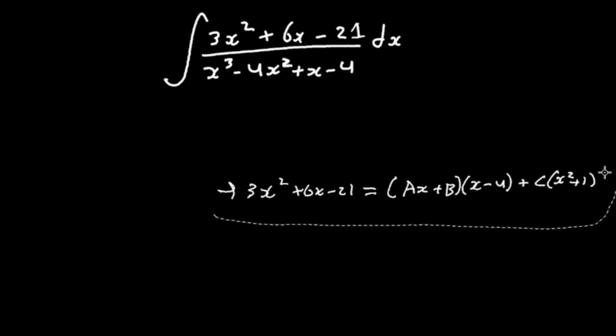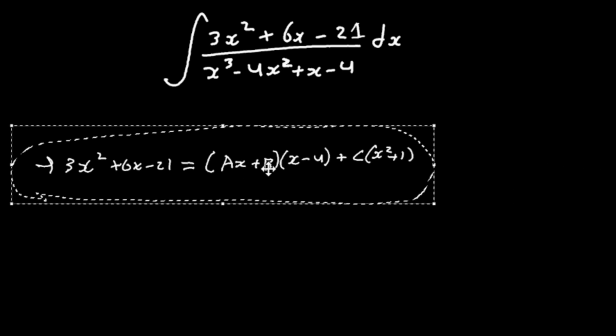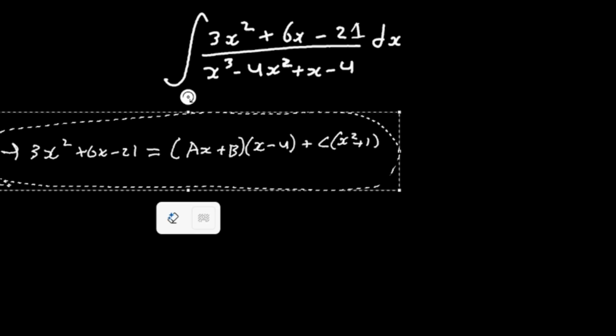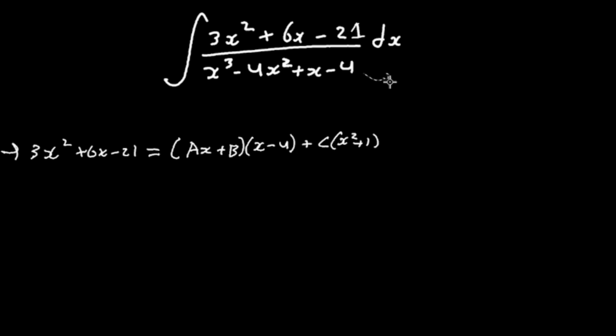Once you have your equation to solve for a, b, and c, let's remind ourselves that our partial fraction decomposition is going to look like ax plus b over x squared plus 1 plus c over x minus 4. I'm just going to write that down so it doesn't get lost. So now let's solve for a, b, and c.